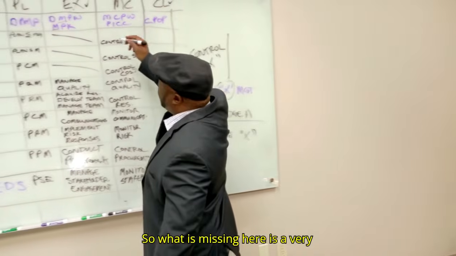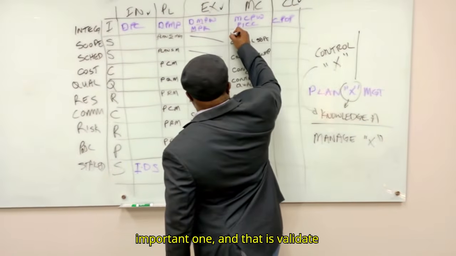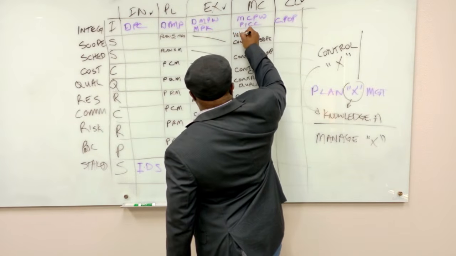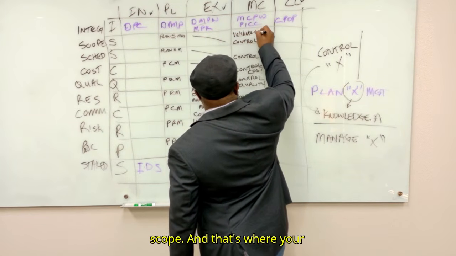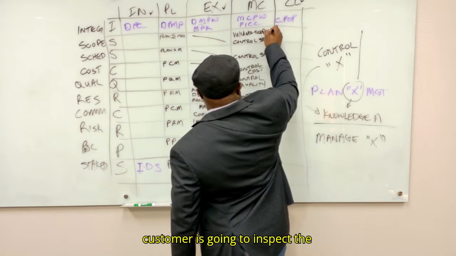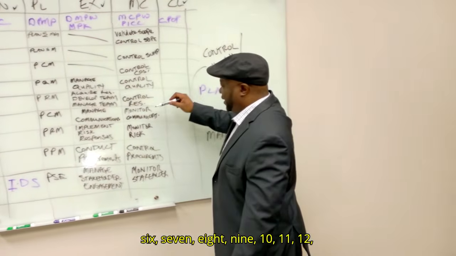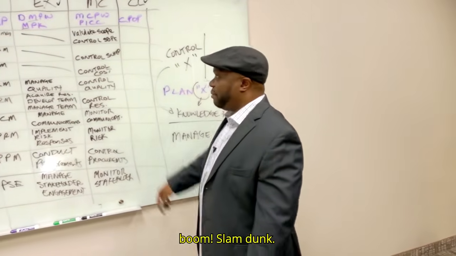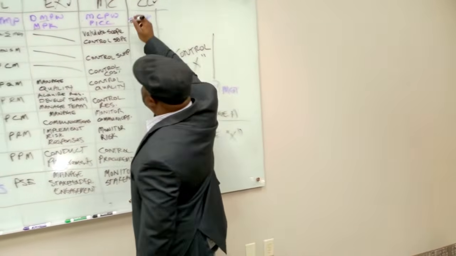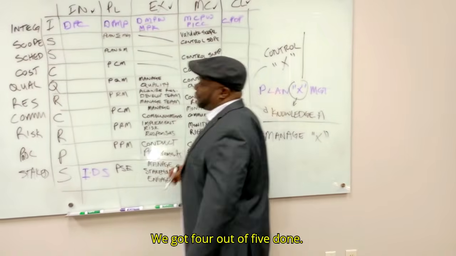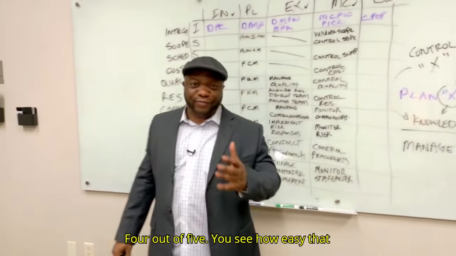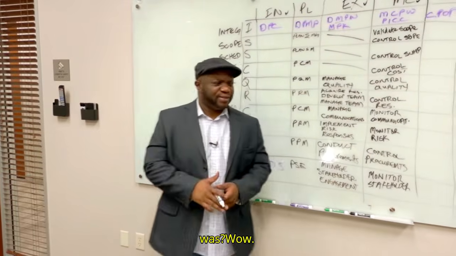So what is missing here is a very important one, and that is validate scope. And that's where your customer is going to inspect the deliverable. So you got 2, 4, 5, 6, 7, 8, 9, 10, 11, 12. Boom! Slam dunk. We got 4 out of 5 done. 4 out of 5. You see how easy that was?